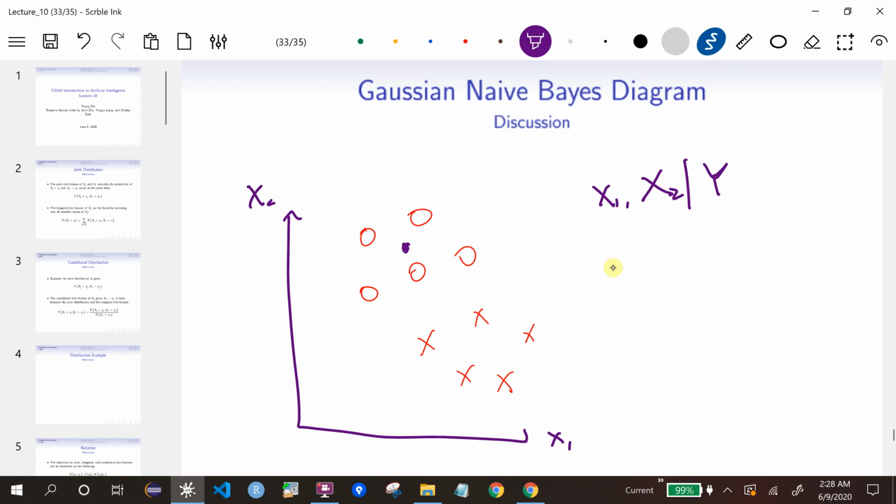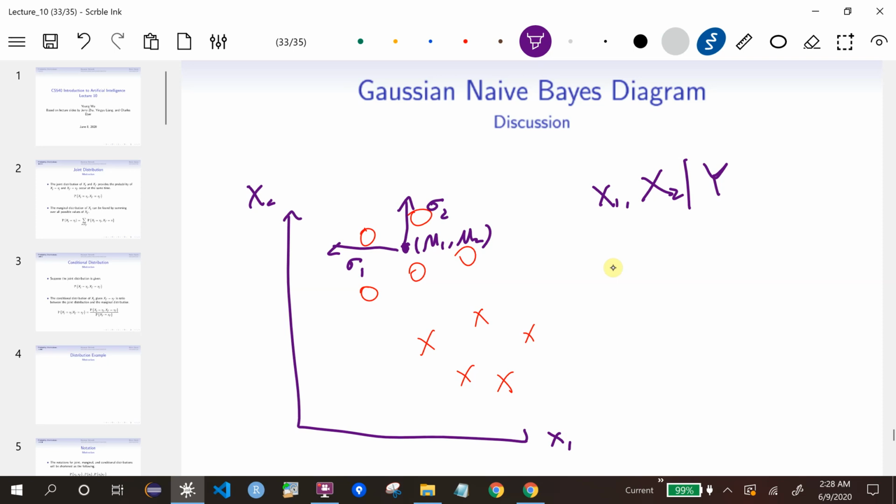So there is a mean if it's the first class, or the cat class. This point is mu1 and mu2, and we have some kind of variance in both directions. This is sigma 1, this is sigma 2, and this is sigma 1.